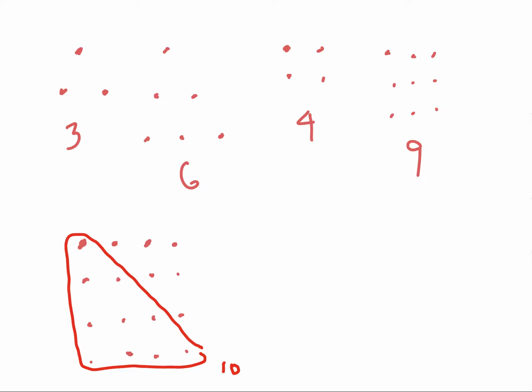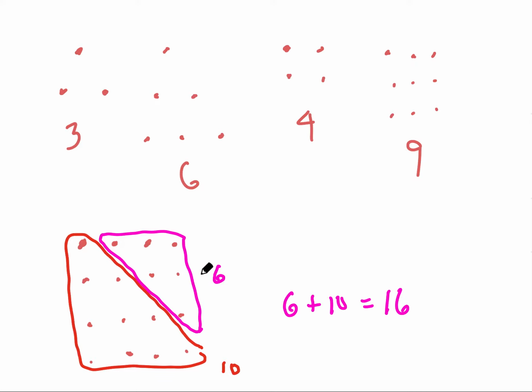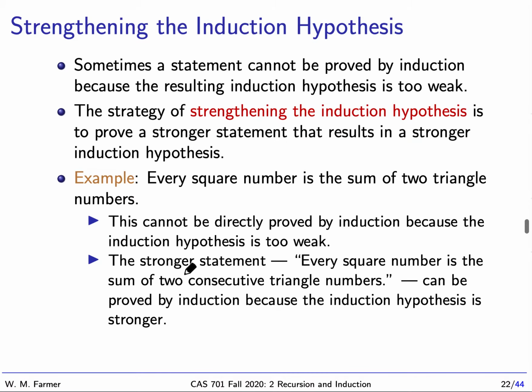And this part here is also a triangle number. That's 6. And we know 6 plus 10 equals 16. So the theorem says, and it's pretty clear just from this picture, that any square number is going to be the sum of two triangle numbers. Okay, so that's the theorem.